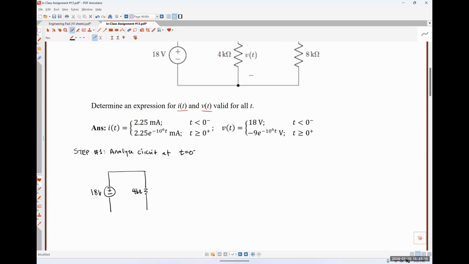That's why I'm just drawing a wire here. Here we have an 8 kilo ohm resistor. Here is our current, IL of 0 minus. Here is our voltage, V of 0 minus. Could anybody tell me how we might solve for either of those two quantities?